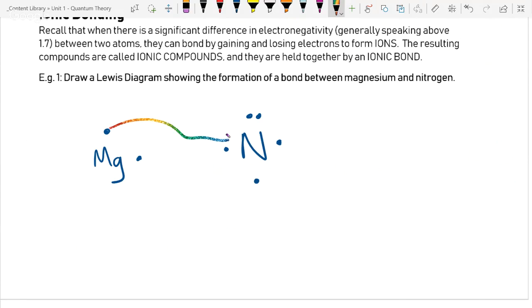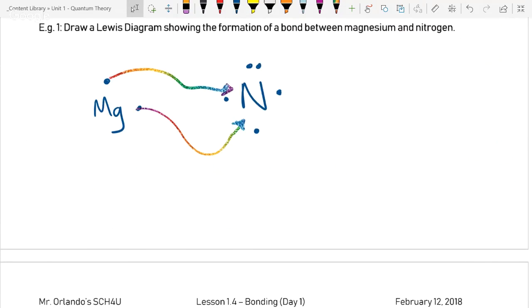So magnesium is going to give nitrogen that electron and that electron. Is magnesium now satisfied? Does it have a full outer shell? Sure. Is nitrogen satisfied? So what do I need? Nitrogen's upset. Nitrogen feels neglected. Another magnesium?